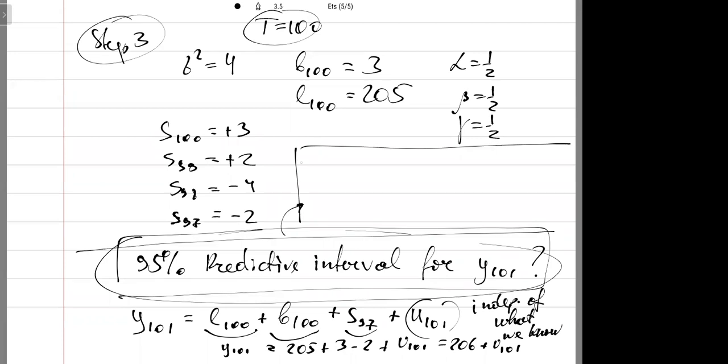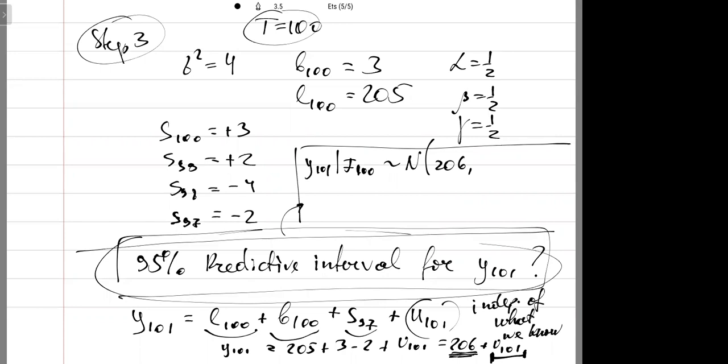So I see that y101, given all information, given F100, has a normal distribution with mean 206 and variance. The variance is introduced by this u, so I have the variance of u.